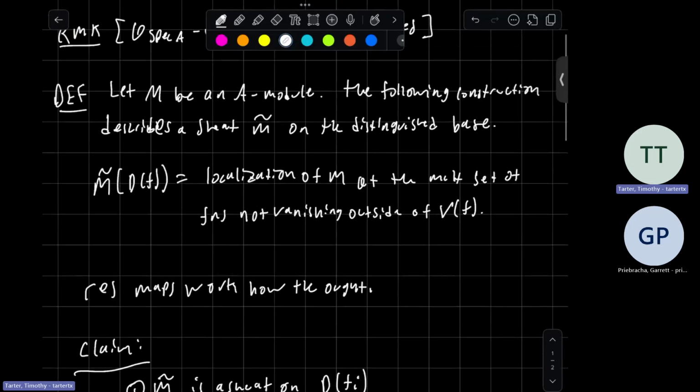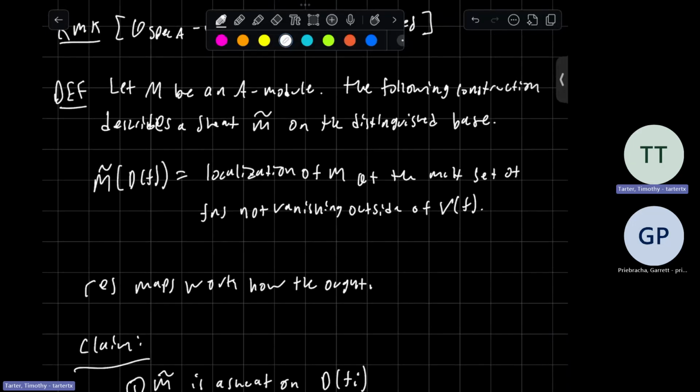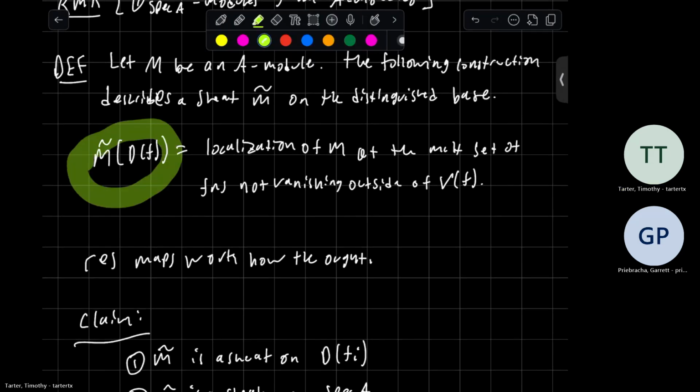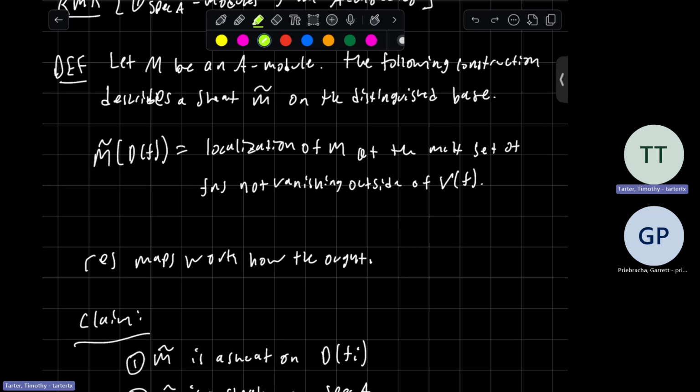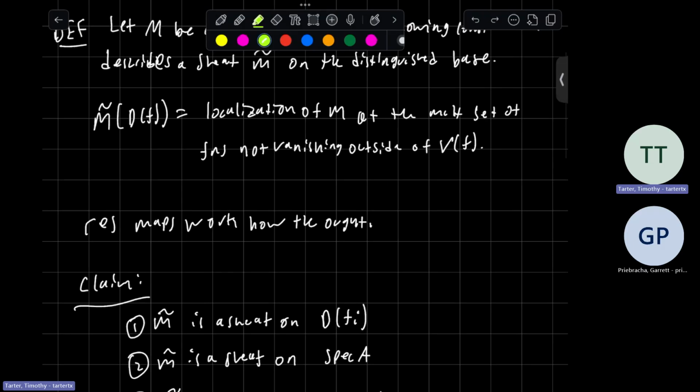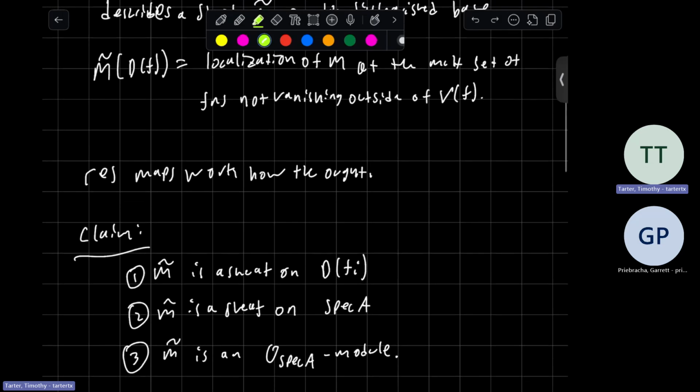And so basically we said that if M is an A module, then we can describe a sheaf on the distinguished base. M_{D(f)} is the localization at the multiplicative set of functions not vanishing outside of V(f).